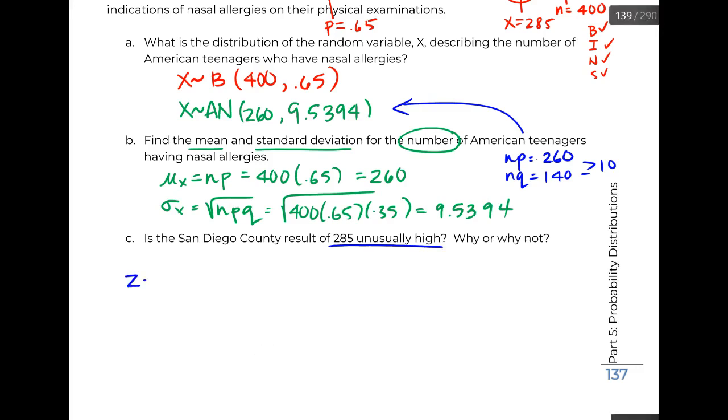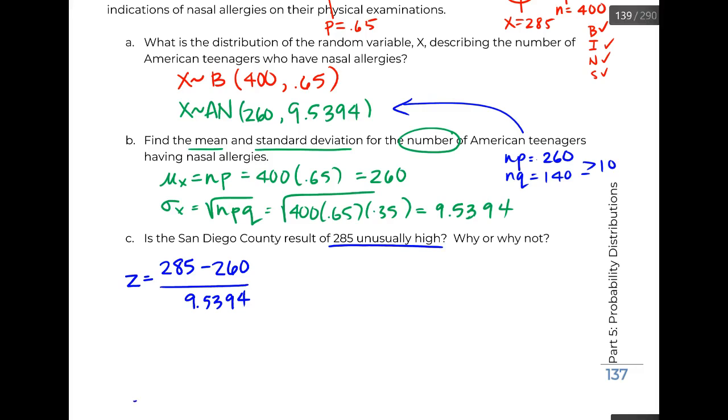You could find a z-score: 285, how far is that from what we expected of 260? We know that z-scores around 2 are unusual. So this looks like we are 15 away divided by 9. We're going to be between 1 and 2, so somewhat unusual.